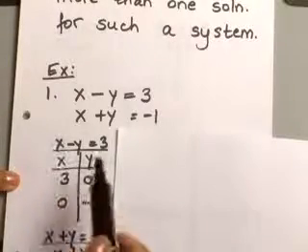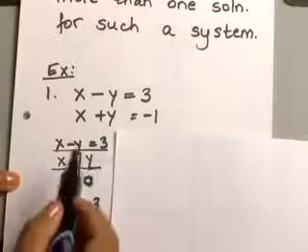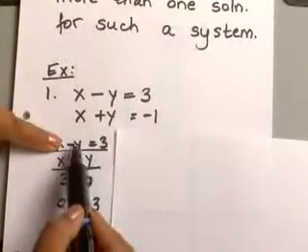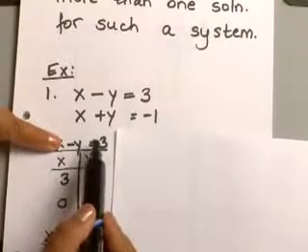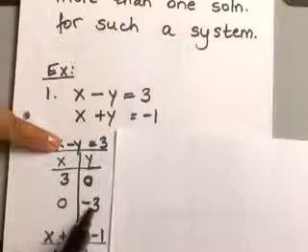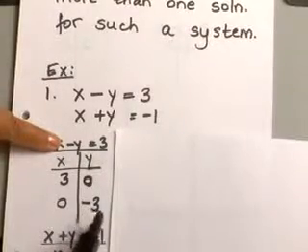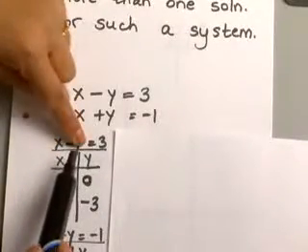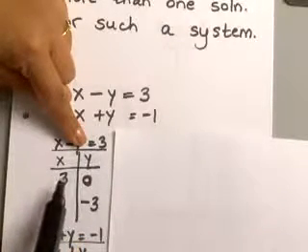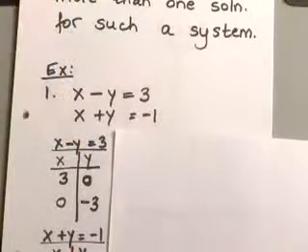Again, if you're not sure how I did this, go ahead and substitute 0 for x. That will disappear and then you're left with negative y equals 3. The negative will have to go to the other side, and that's how you get the -3 here. If you're trying to find the x-intercept, make y 0. That disappears and you're left with x equals 3, and that's how you end up with your 3, 0 as the ordered pair.